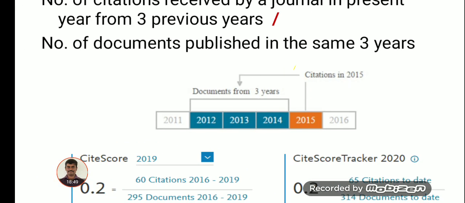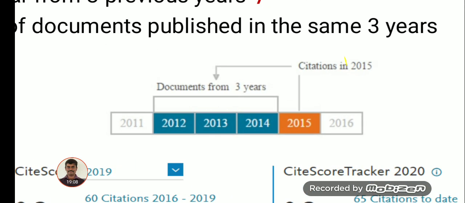For suppose, citations in 2015 of the previous 3-year documents or the articles is counted to the total number of documents published in the same 3 years.